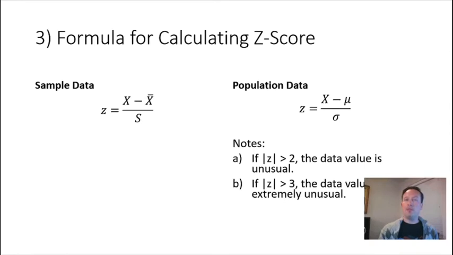However, there's even more extreme circumstances. If the absolute value of the z-score is more than 3, we consider that extremely or very unusual. One other thing, it's just very standard, is that whenever you calculate a z-score, we use 2 decimal places.